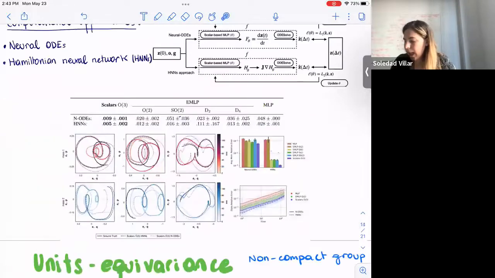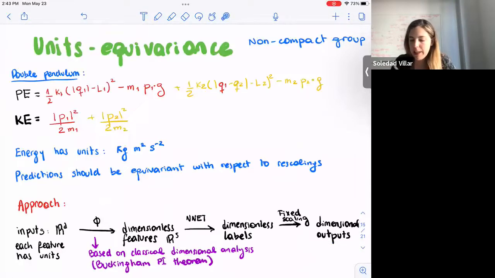So another symmetry that we can incorporate is equivariance with respect to scaling, or units equivariance. The idea is that in this example of the double pendulum, we are predicting a Hamiltonian, and the Hamiltonian has units, the units of energy. In this case, kilogram meter squared divided by second squared.